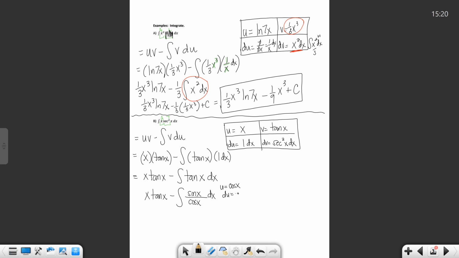What is the derivative of cosine? It is negative sine. So I am missing a negative sign, so if I throw one in, then I'll cancel it. So that's going to be x tangent x plus, that's going to end up being 1 over u du, so that's going to be natural log of the absolute value of u.